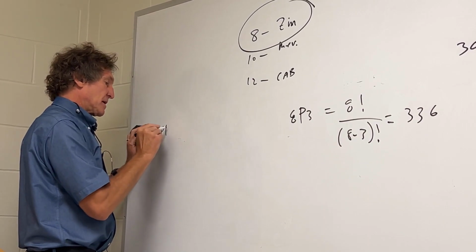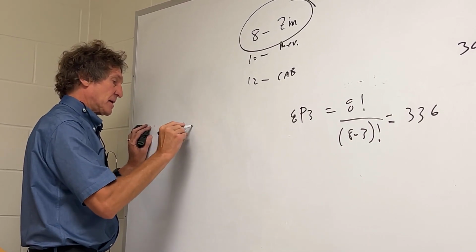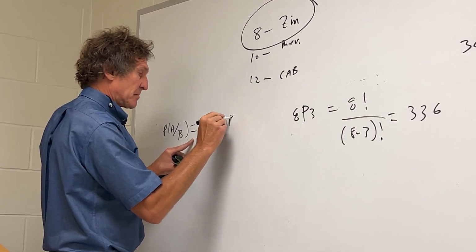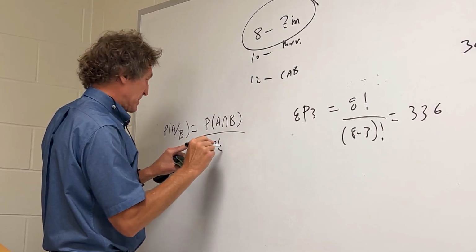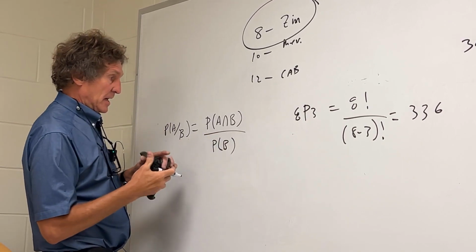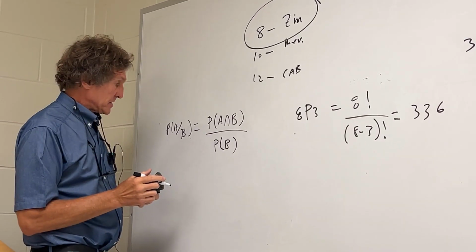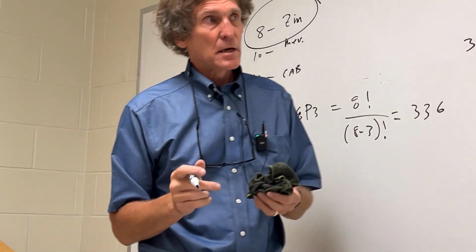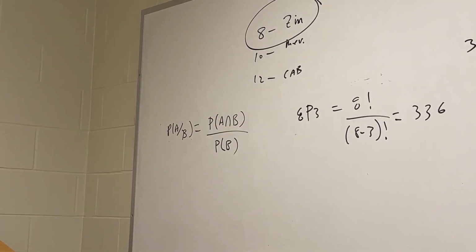The probability of A given B is probability of A intersect B over probability of B as such, and there is no intersection. So they would be multiplied.